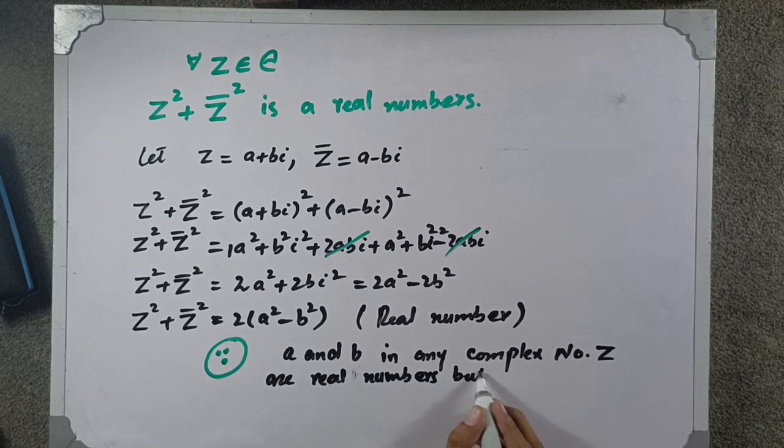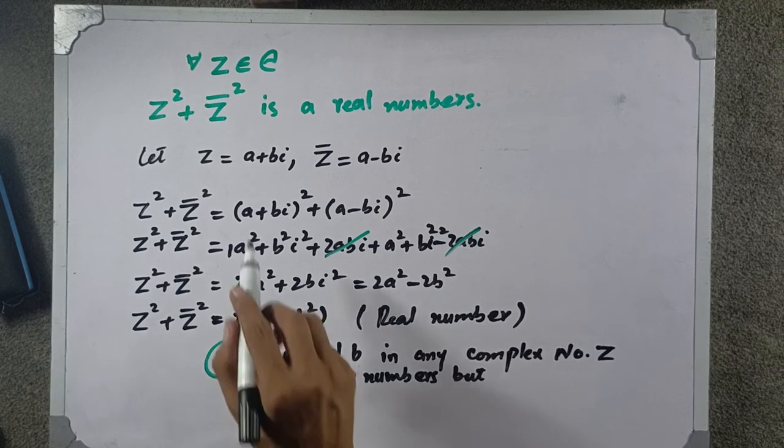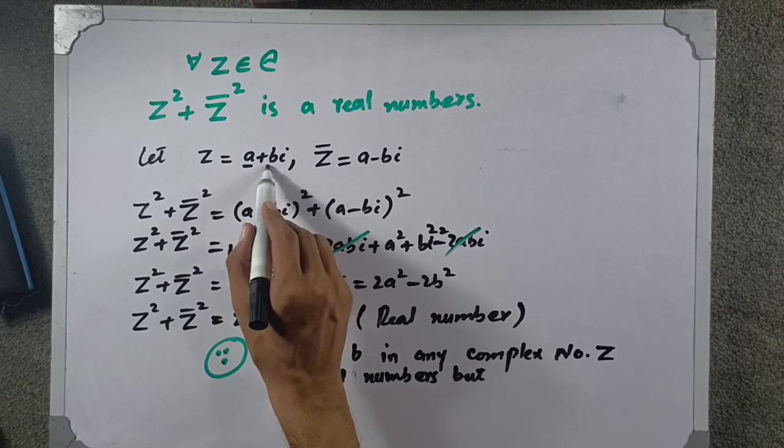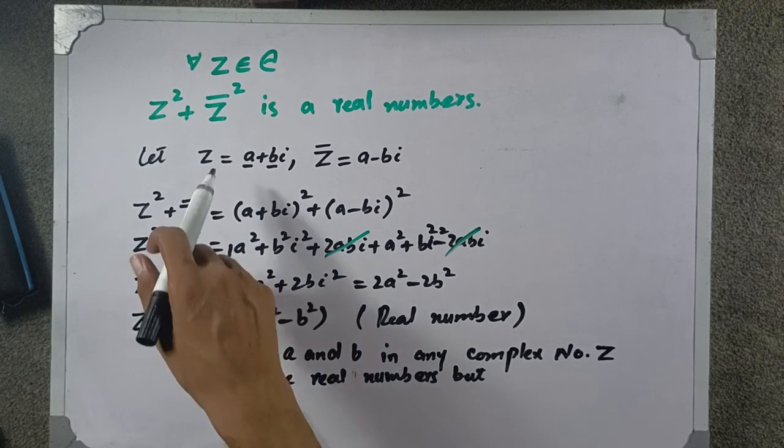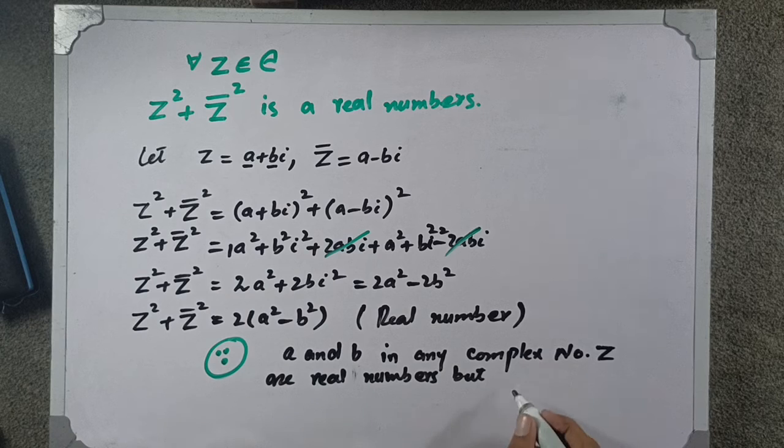But what's the difference? The difference is very simple: a is the real part and b is the imaginary part of this complex number, but a and b belong to the set of real numbers.